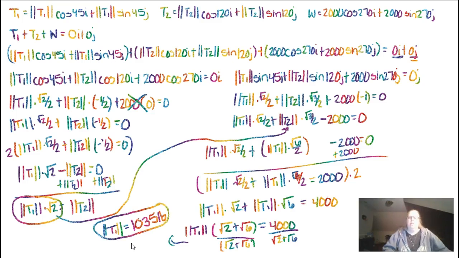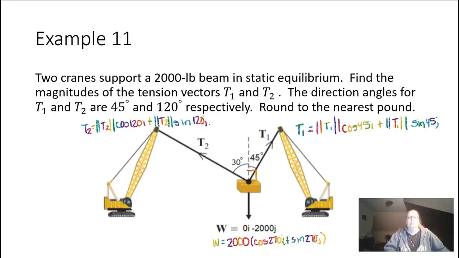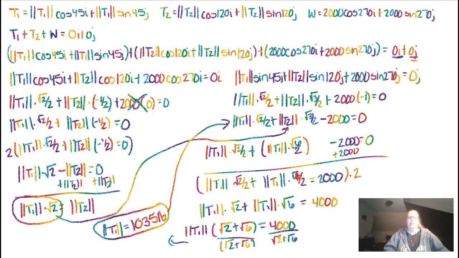And now to get T2, all we need to do is we can substitute. And I will substitute this back in right here and solve this equation for T2. And then that should give me both of my answers here. Yeah, both the magnitudes of tension. There we go. That's what I was looking for.